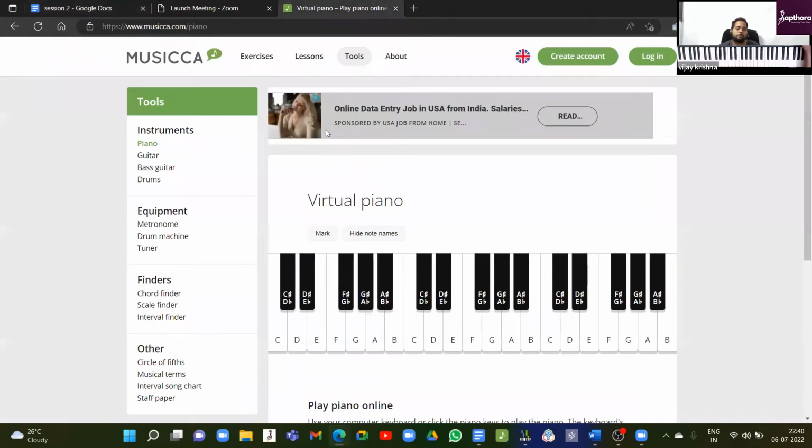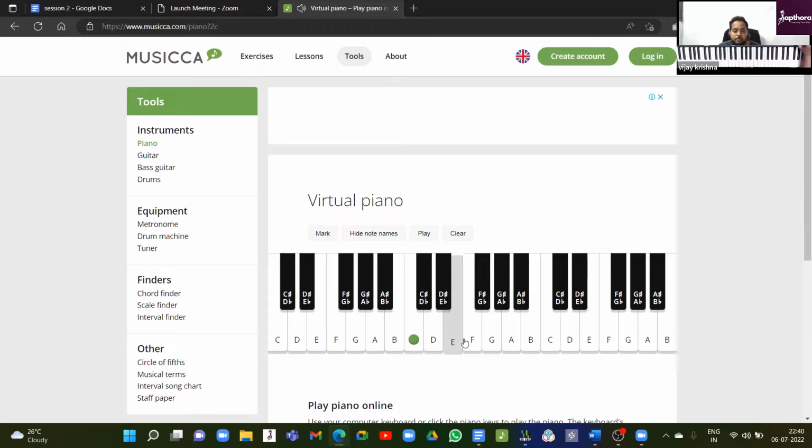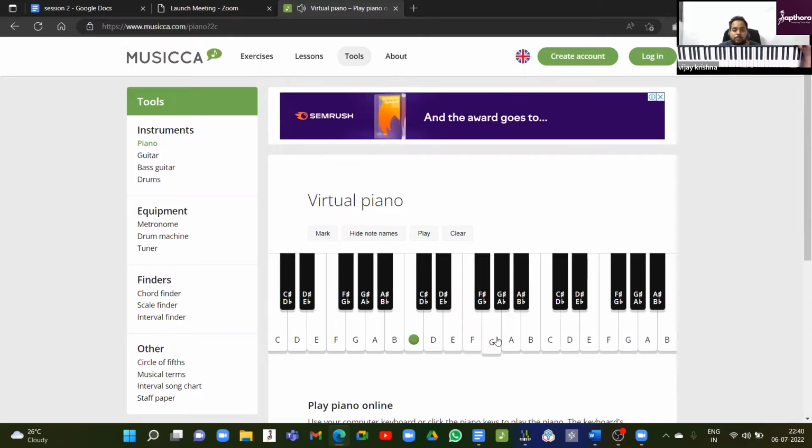Here I'm going to show on my virtual piano how it looks. First, we need to find the C letter right here. Then we play all the white notes beside that C: next D, E, F, G, A, B, and last, the C note.